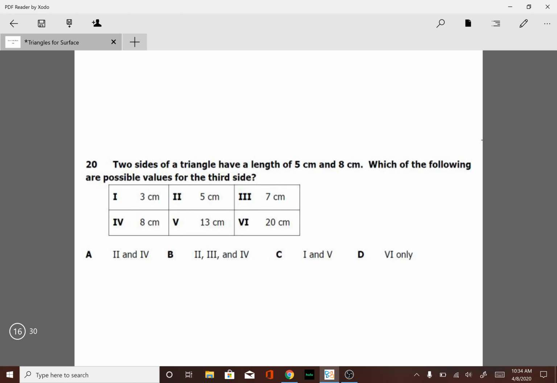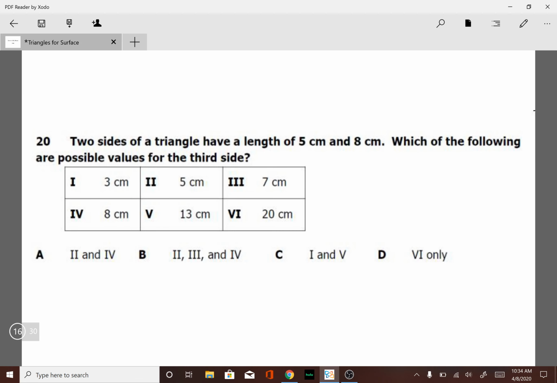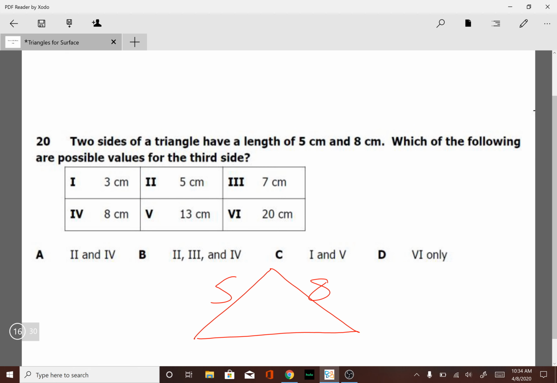Alright, so 2 sides of a triangle have lengths of 5 and 8. Which of the following are possible values for the third side? So we have our triangle. We're going to add those 2 together. That'll give us 13. Subtract them.